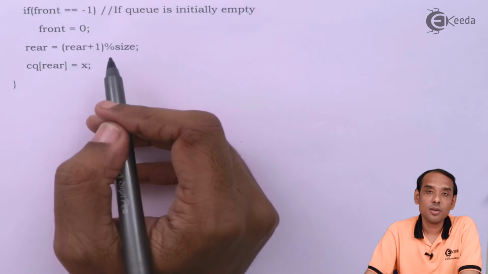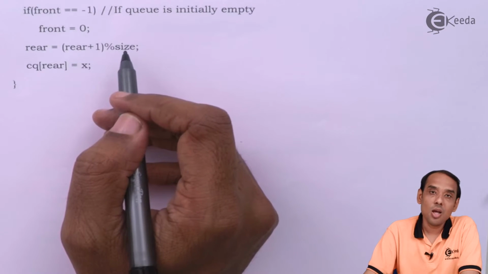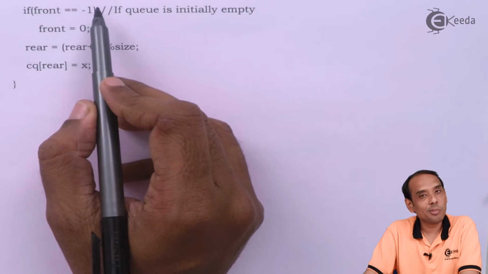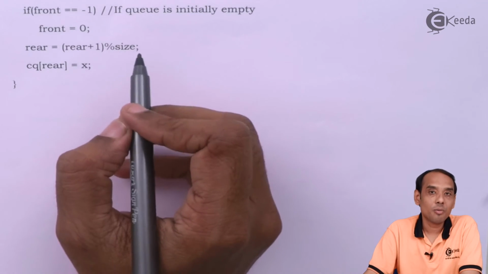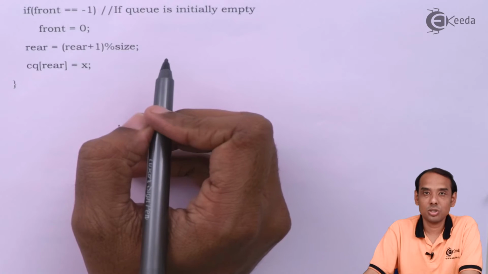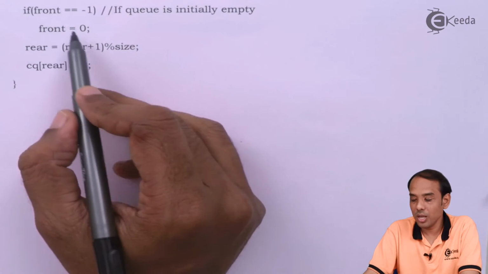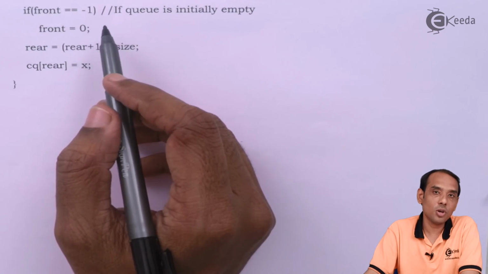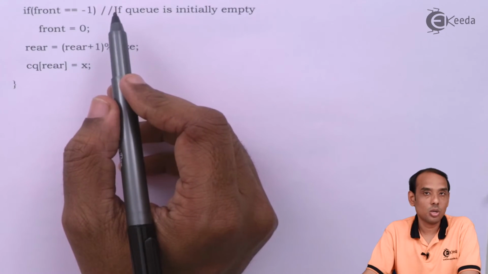In that case, we can obviously insert the values, so we make front equal to 0.